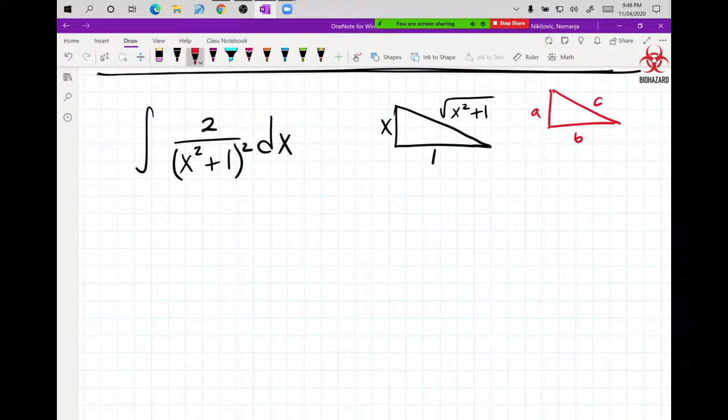A, B, C, and then A is equal to the square root of C squared minus B squared. And then B is the square root of C squared minus A squared. And then C is the square root of A squared plus B squared. So these are the three formulas that you can write looking at the Pythagorean theorem.